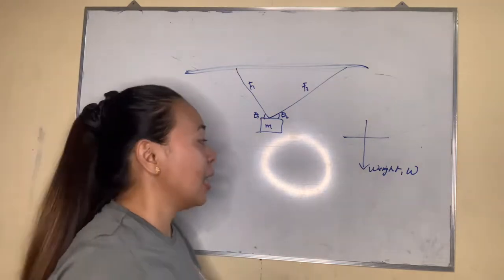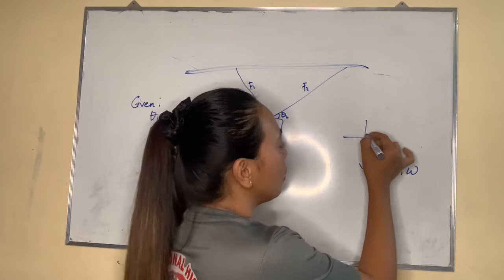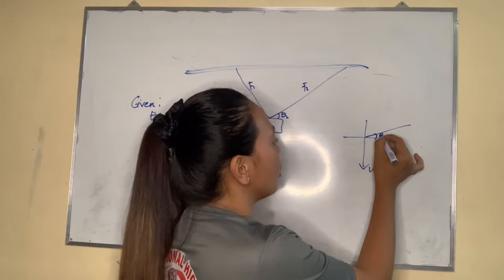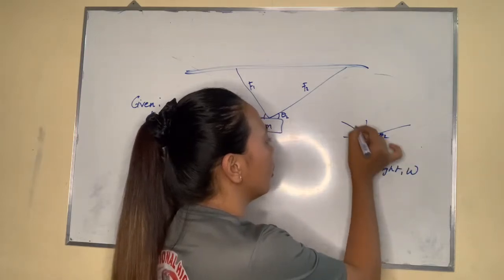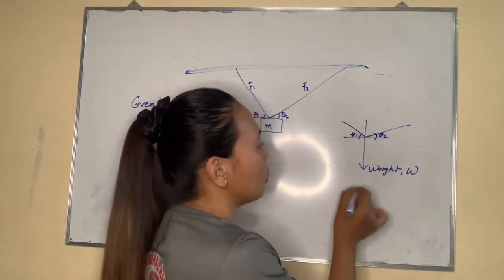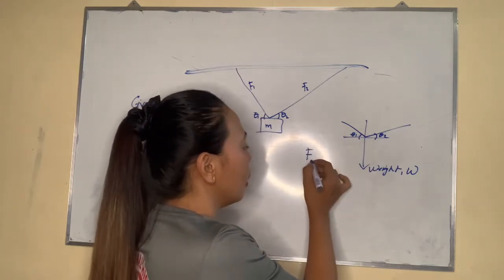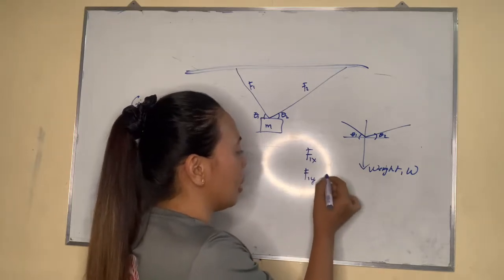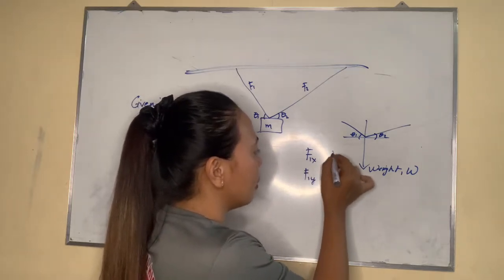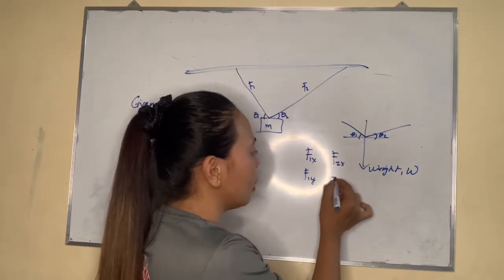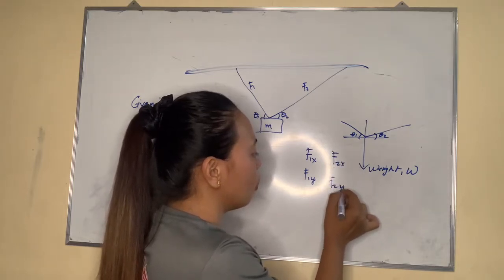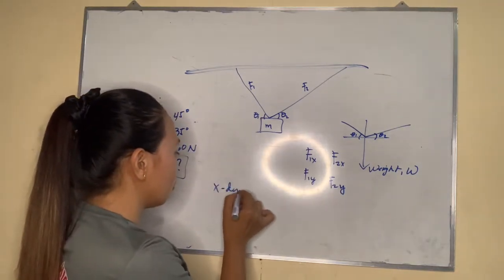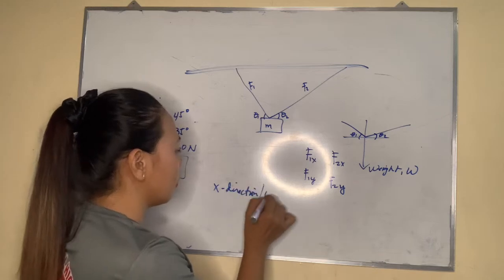Or the Fx and the Fy. So, kapag ganito ang ating object, this is theta 2, tapos meron ayan, theta 1. So, ibig sabihin, meron kang F1x, meron ka ding F1y. Aside from that, meron ka ding F2x at meron ka ding F2y.